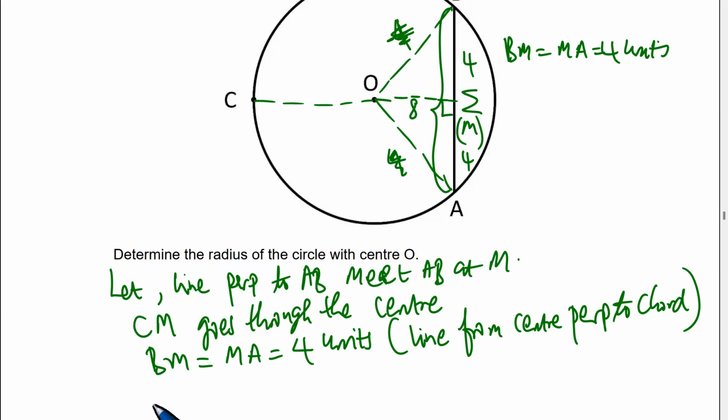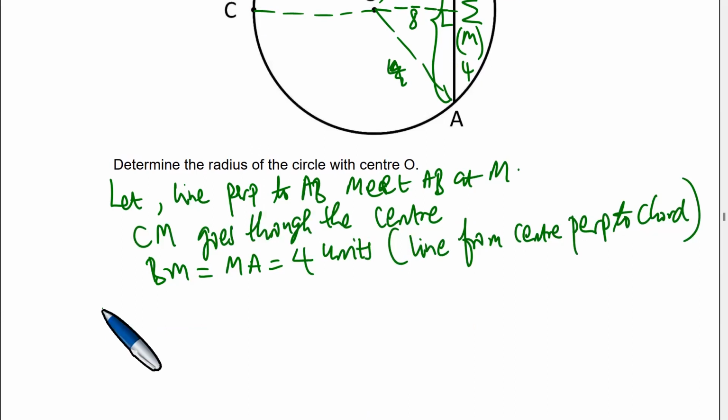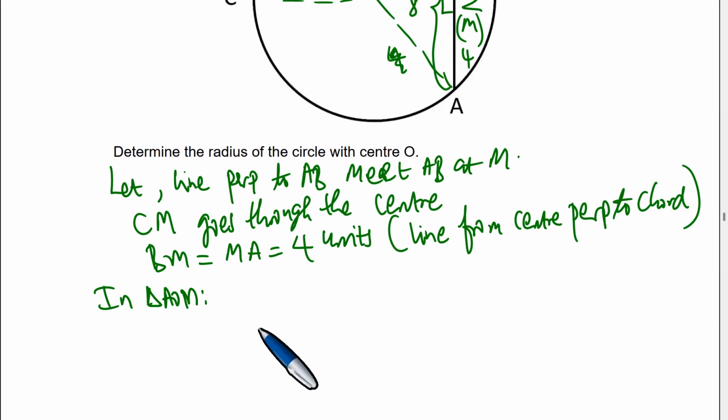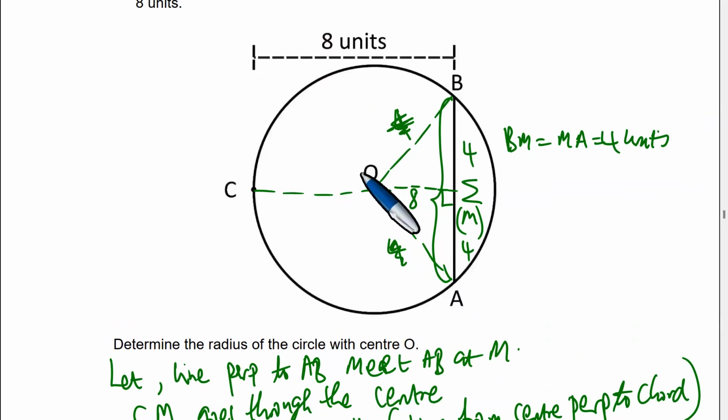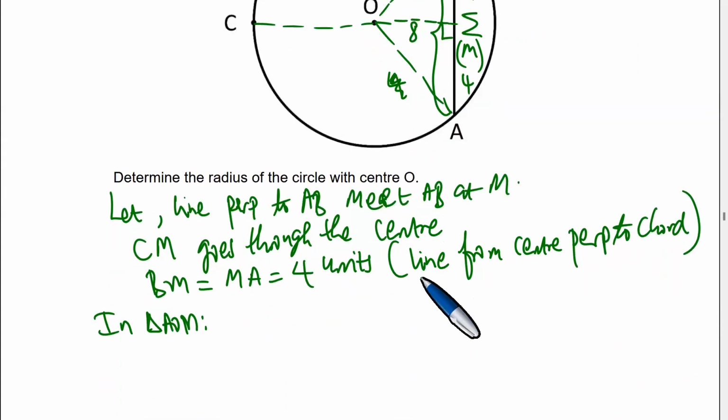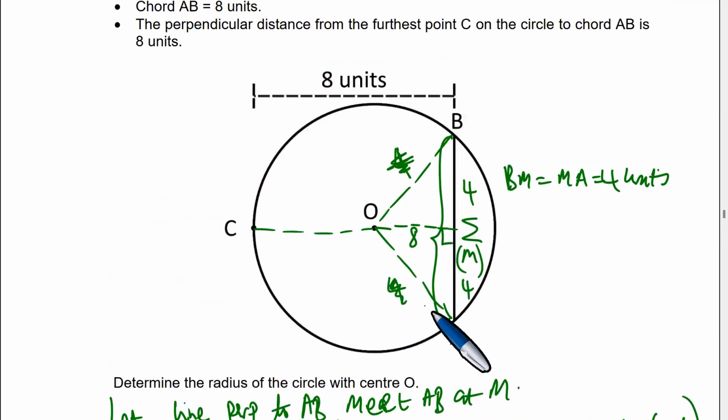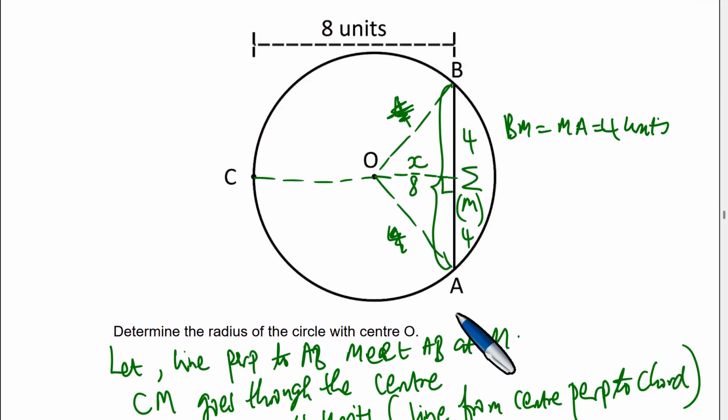In triangle AOM, I want us to consider triangle AOM. Let OM be equal to X. This one, O to M, we call it X. This is untidy, but yeah.